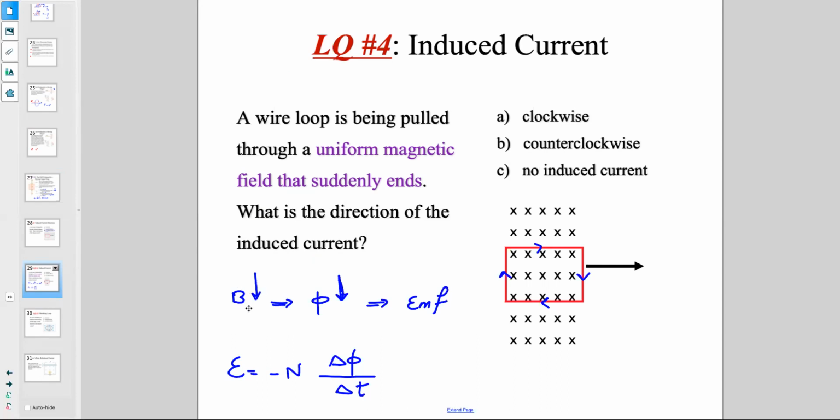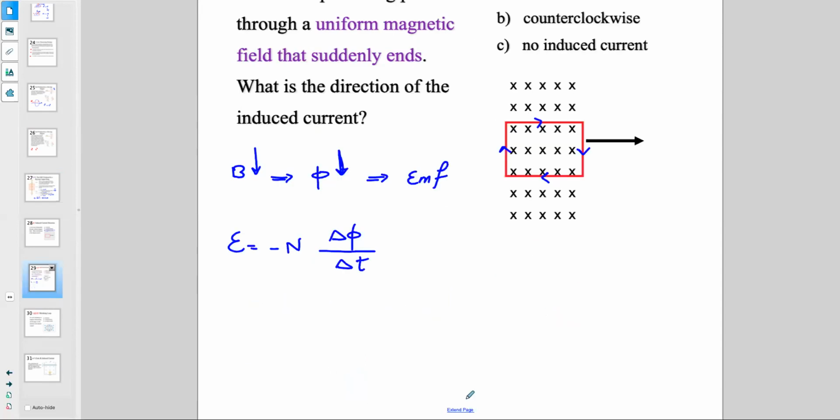Your current should be in the direction to increase the already decreased magnetic field, okay? So you have to have a B that is coming from the EMF, going inside, and do the opposite.